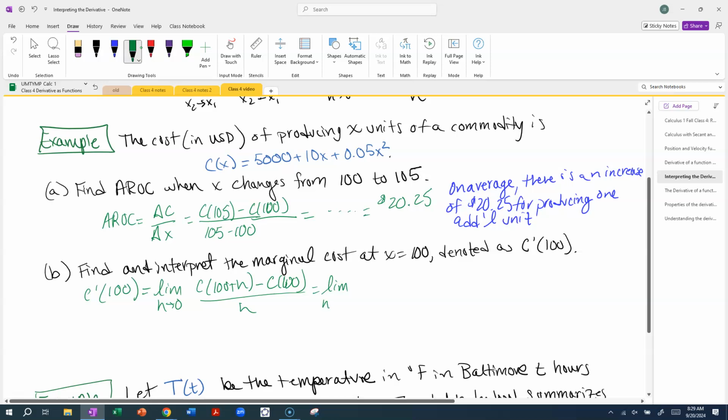And so proceeding with this limit as h approaches 0, substituting this in, I should get 5,000 plus 10x plus 10h, distributing that. If you need to show more work, please do.